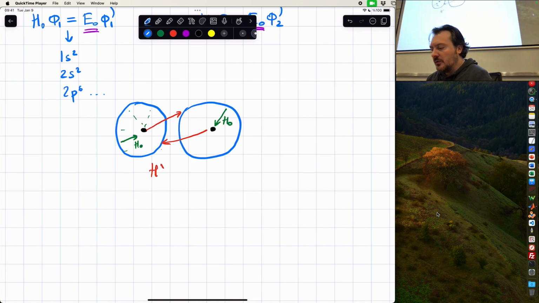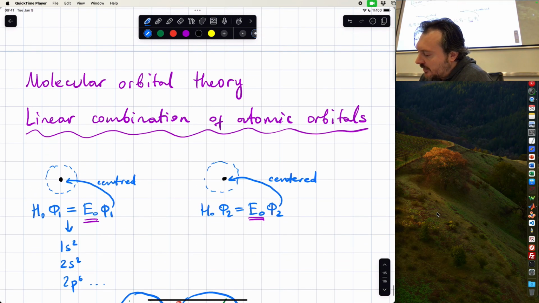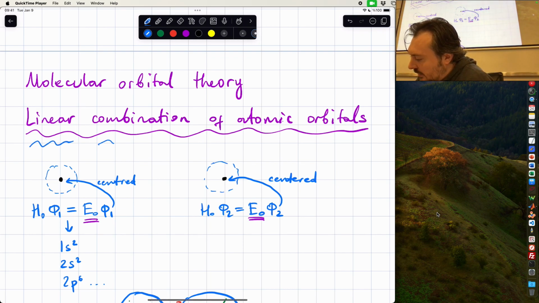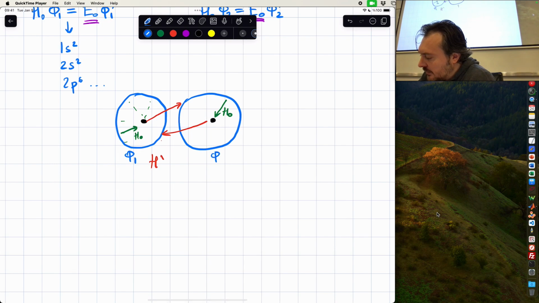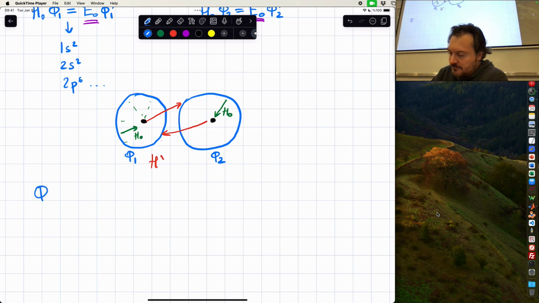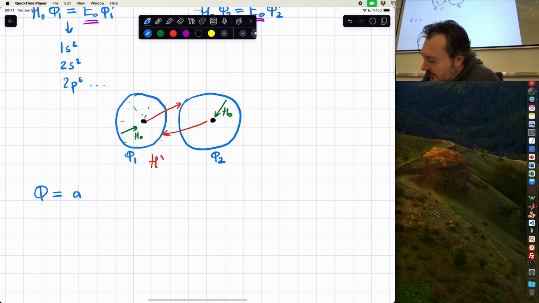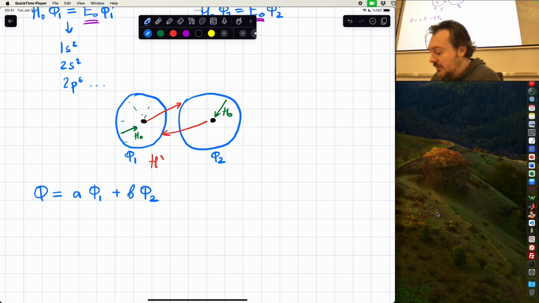So what we are doing here is approximation. We are trying to solve this by an approximation, and how we do it is summarized in its name, linear combination of atomic orbitals, right? So I have an orbital phi 1 here, and I have an orbital phi 2 here, and I claim that phi is some coefficient times phi 1 plus some coefficient times phi 2.